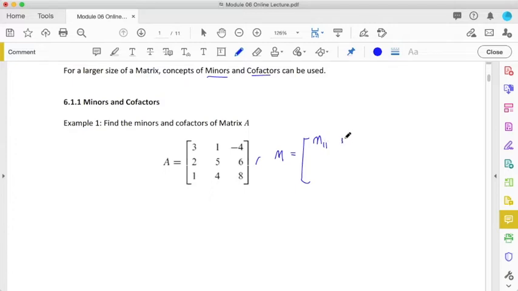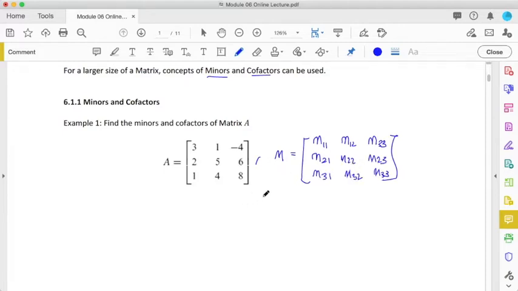So if we have M12, we have a coefficient located at row 1 and column 2, and so on. So for this particular 3 by 3 matrix, we will have this matrix of minors.